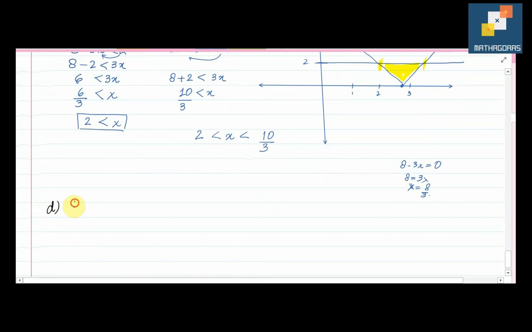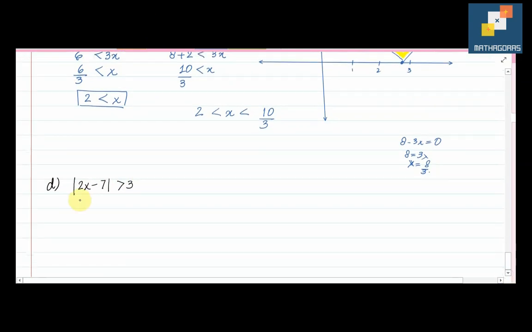2x minus 7 should be greater than 3. First step remains the same. You need to solve the equation. 2x minus 7 is, sorry, not equal to, it is greater than plus minus 3. After that you need to solve the algebraic equation.